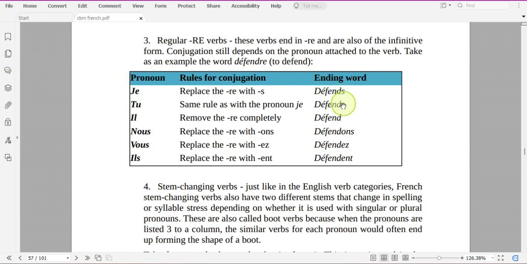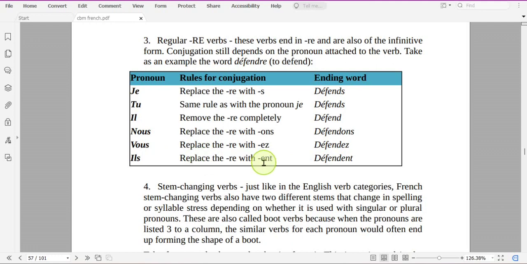For tu, the same thing. It's usually the same for the RE and IR verbs. The conjugation for tu and je are the same. Then for il and elle, the S always disappears. Nous is ONS, défendons, for RE verbs, which is similar to the ER verbs. Then vous, replace RE with EZ: défendez.